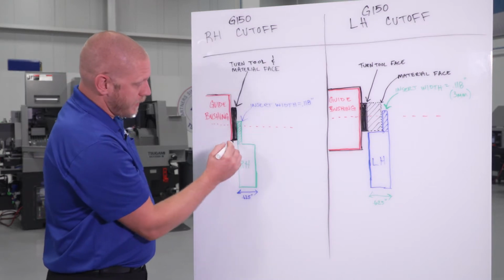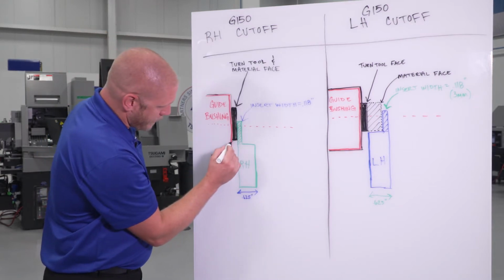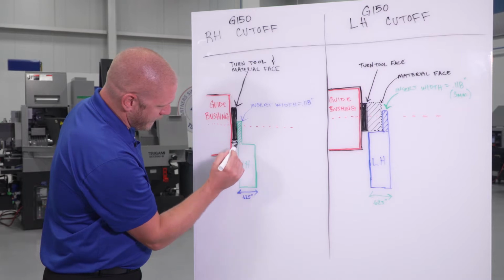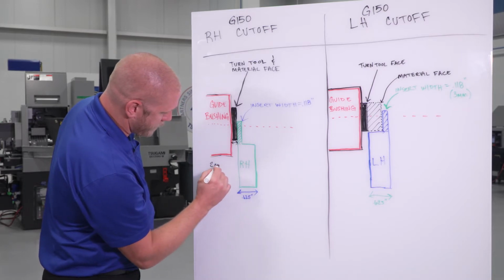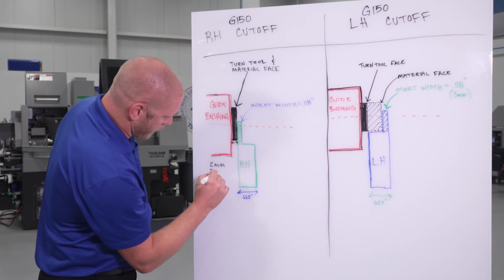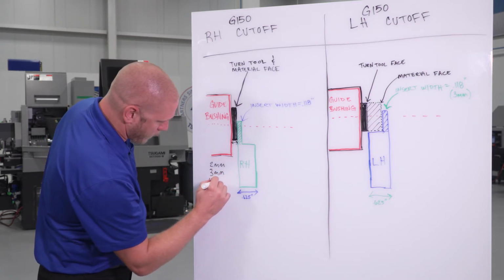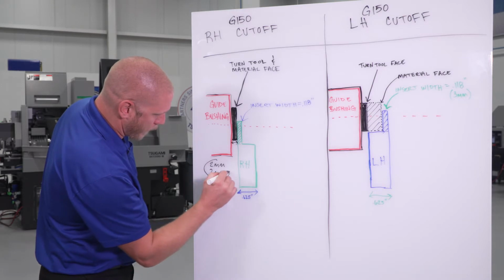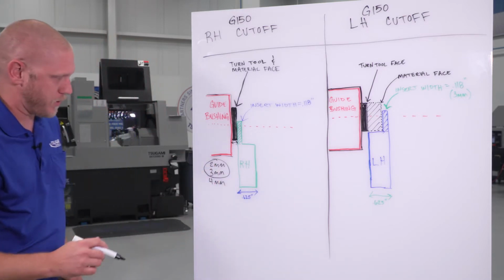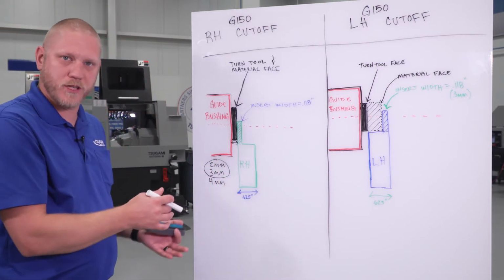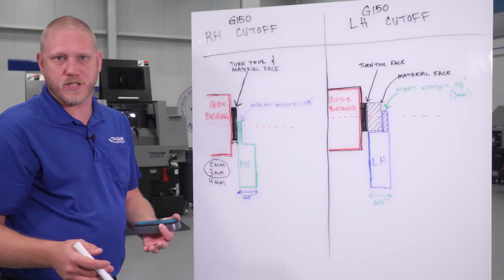This distance could be, depending on your machine, either 2 millimeters or 3 millimeters. On the very biggest machine, it can be up to 4 millimeters, but typically we're in this range, 2 or 3 millimeters, depending on whether your machine is a 12 millimeter, a 20 millimeter, a 32, or 38.